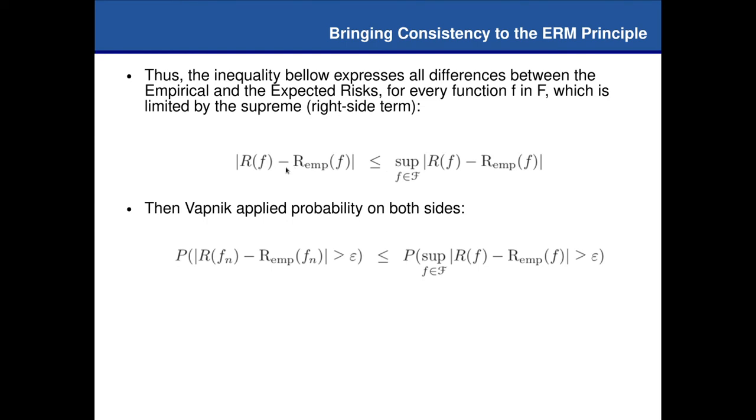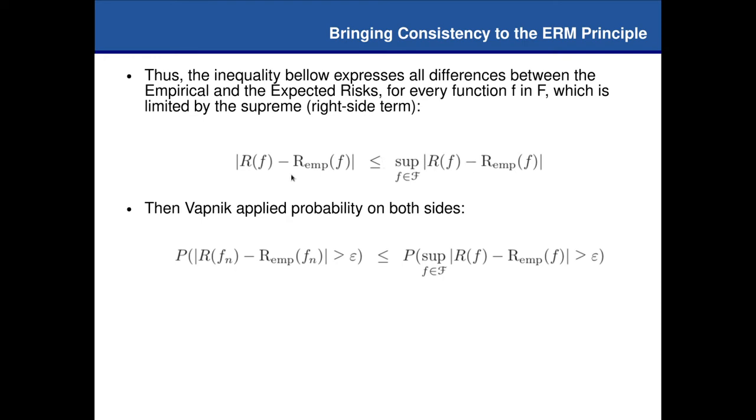Of course, this guy for a single function is going to be smaller than or equal to the supremum. When it is equal, when the same function, let's say here we have a function k to be selected, and here this function is function k just by chance, so it's going to be equal. But let's say here it's function 1 and here is function k. Let's say function k represents the worst case scenario, so it's going to be greater. That's why we have this smaller than or equal.